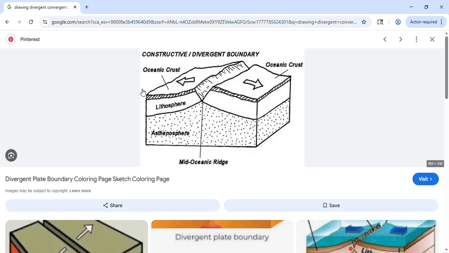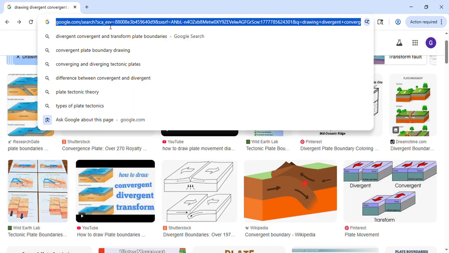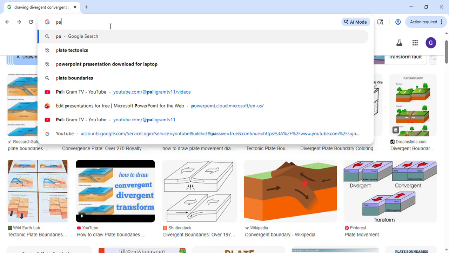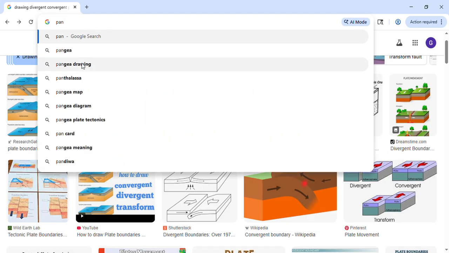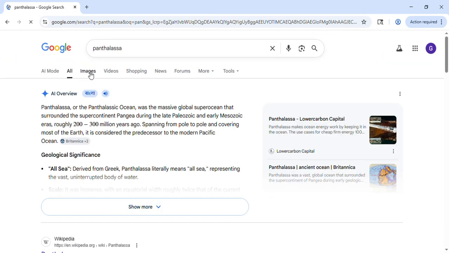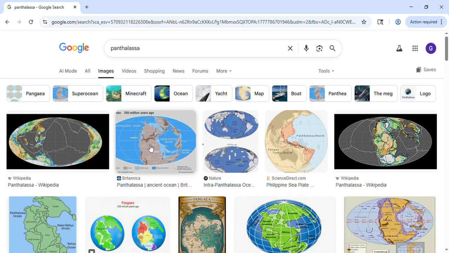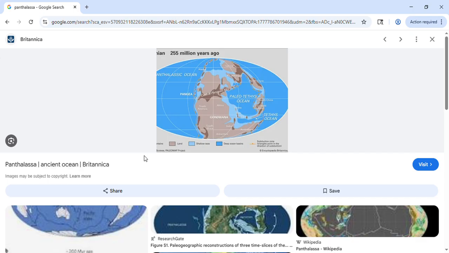Next question, what is Panthalassa? It was a mega ocean that surrounded the supercontinent Pangaea before it broke into different parts.